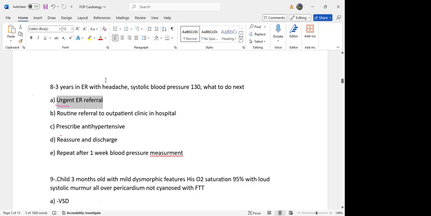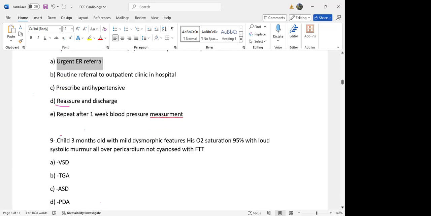If the child is not presenting with any symptom, say the child was playful before, healthy, with no concerns, and suddenly you took the blood pressure and the reading is raised, then maybe you can recheck the reading later on, a second time, third time, and you can wait. But if presented with symptoms, you cannot leave it.